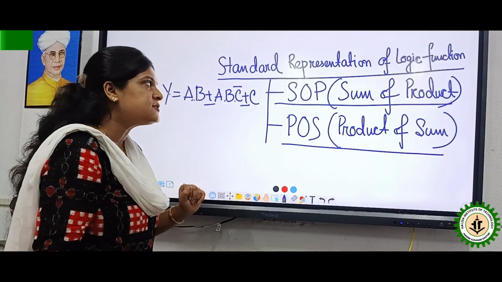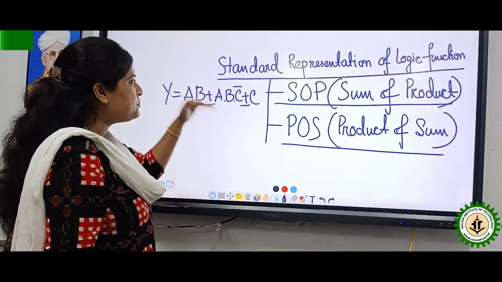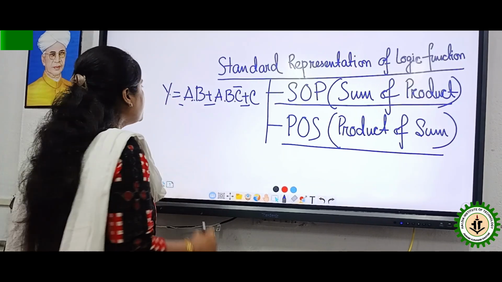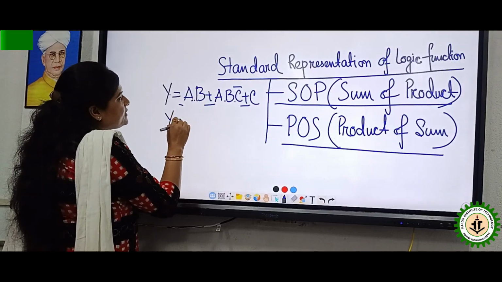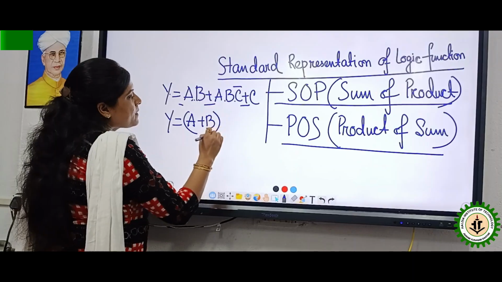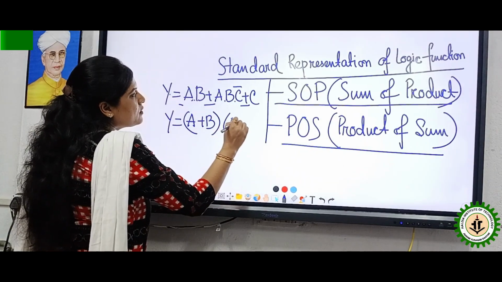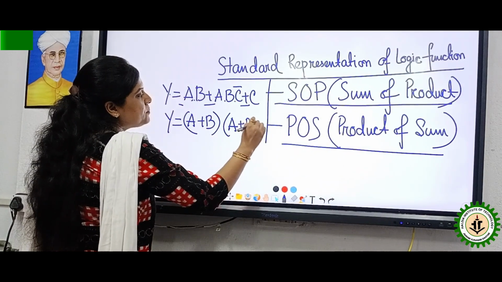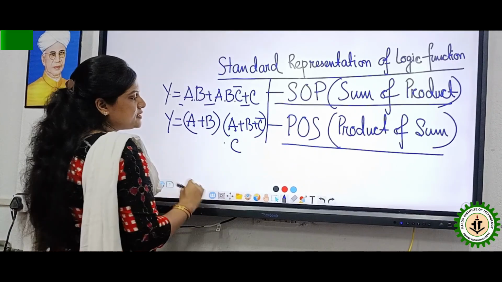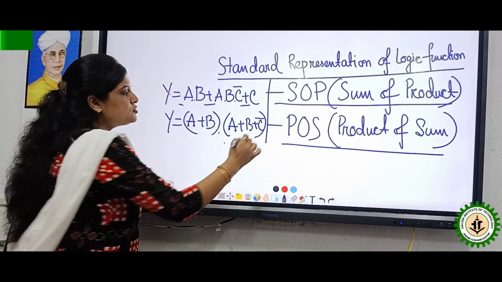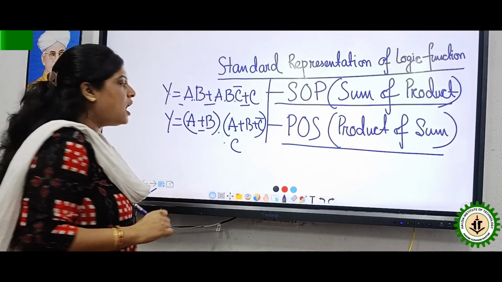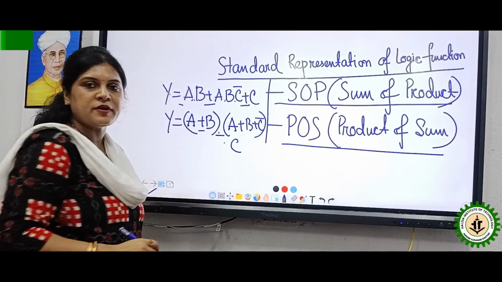Now what is POS form? If we represent this particular expression in POS form, then we can write it as A plus B, A plus B plus C complement, into C. So we can see that first there is OR operation, after that there is AND operation.